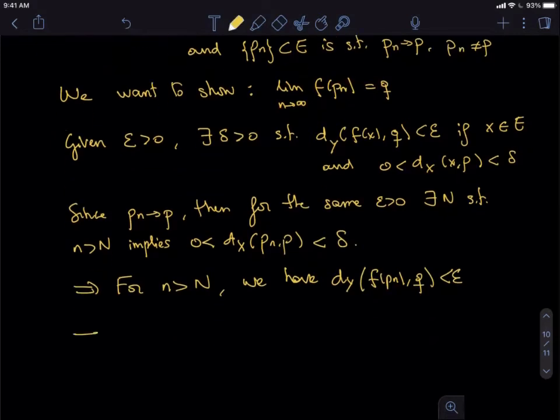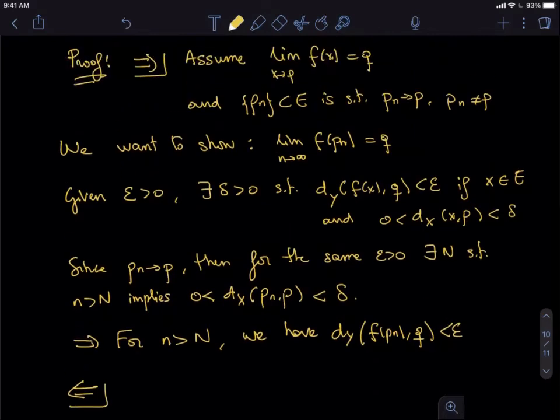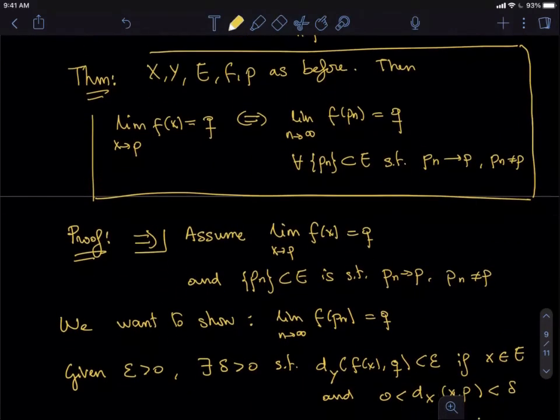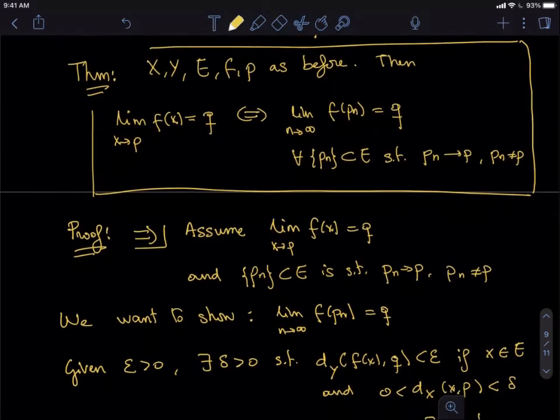For the other half, we could just assume that the limit of f(pn) as n tends to infinity is equal to q.